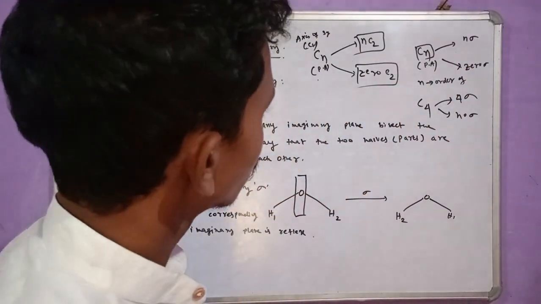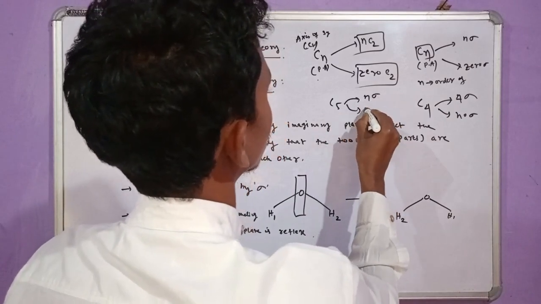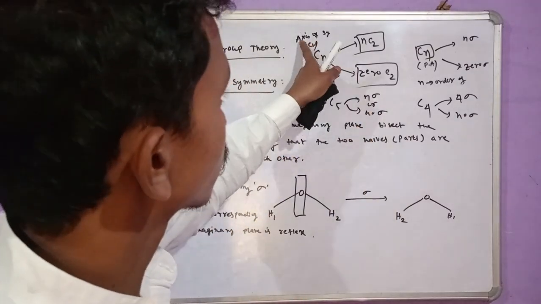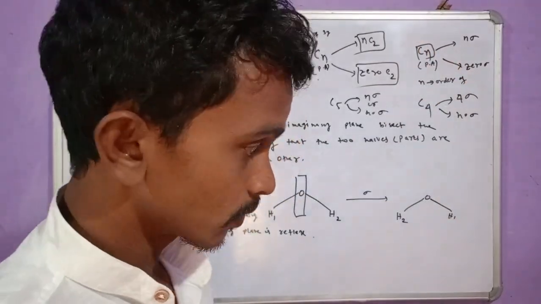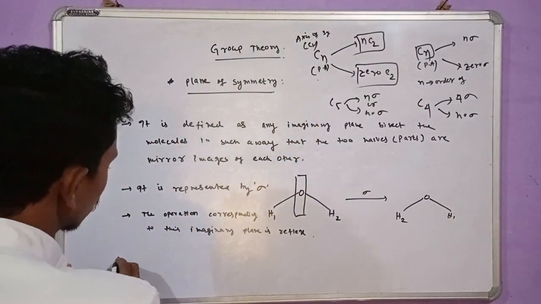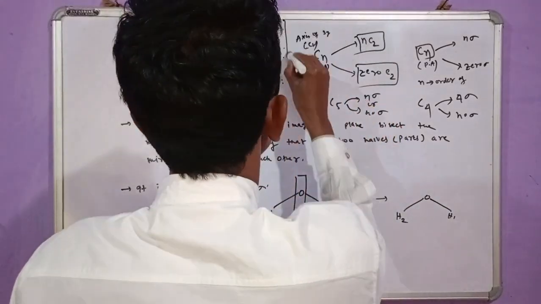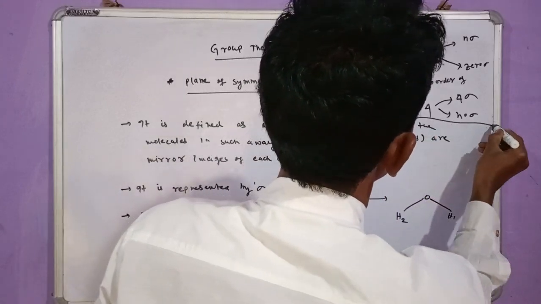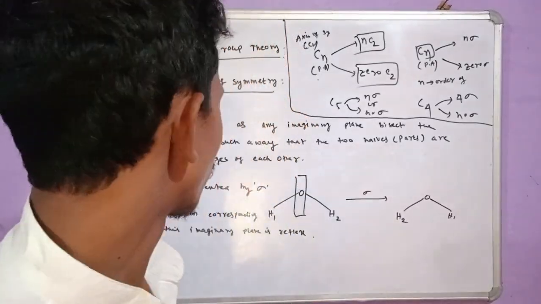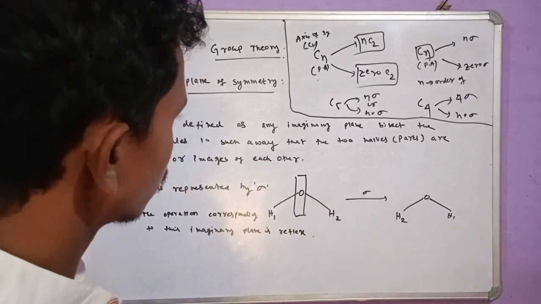Like that in the axis of symmetry, or in the case of plane also. We have also discussed that in an axis of symmetry, if Cn... so I will erase this.